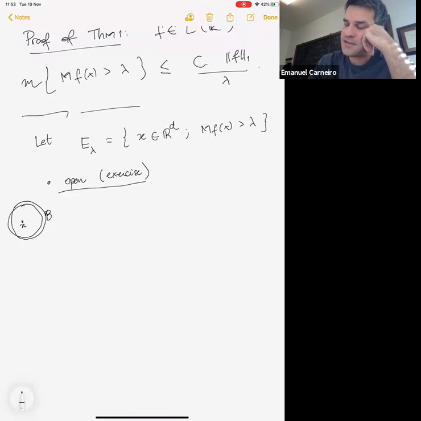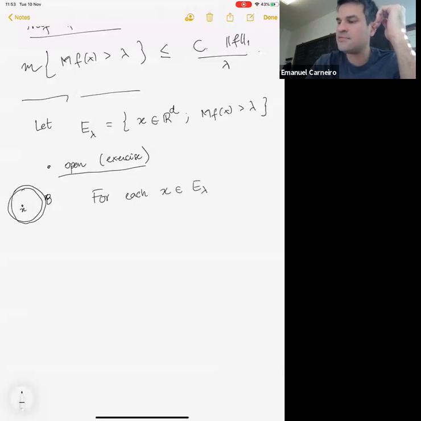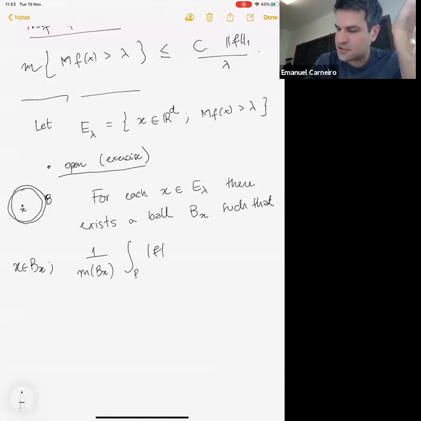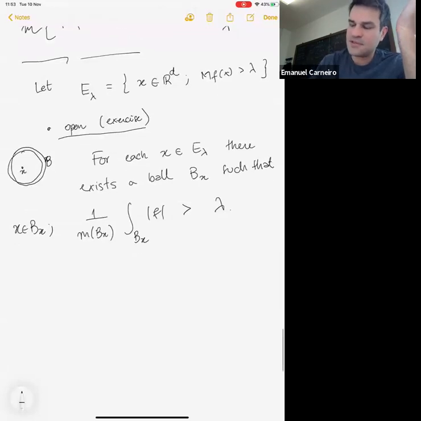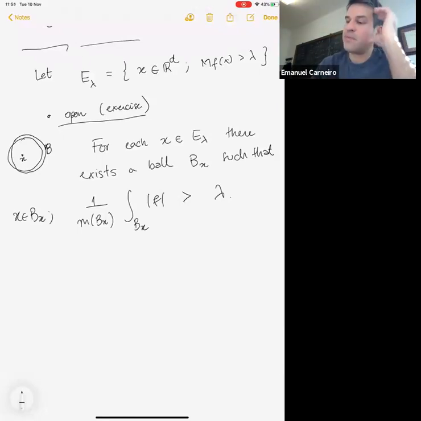And here's the thing: for each x belonging to the set E lambda, there exists a ball, let's call it Bx, such that x belongs to the ball Bx, and the average of your function over this ball Bx is bigger than lambda. This is by definition. Okay, so every point x is covered by a ball.